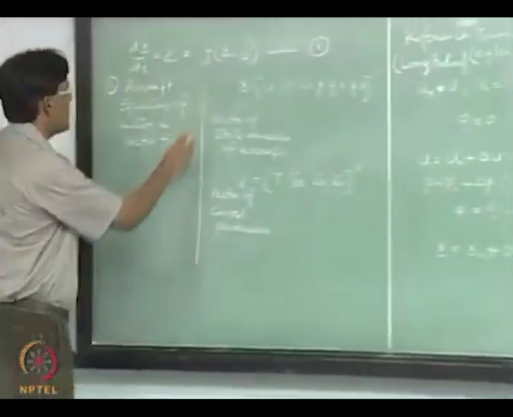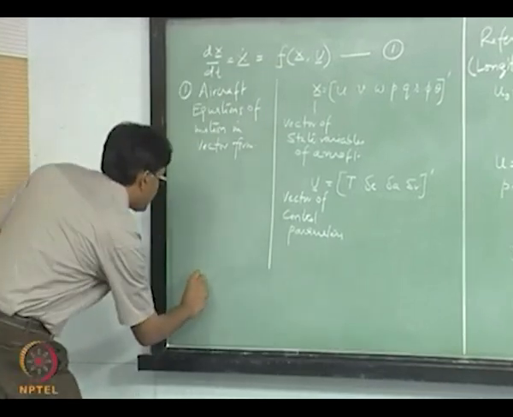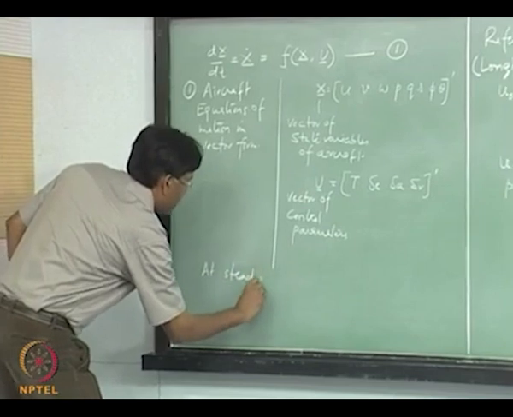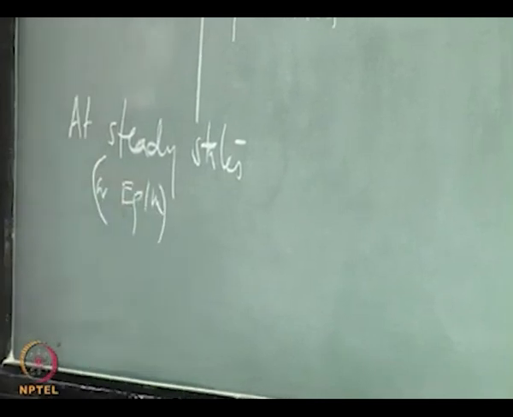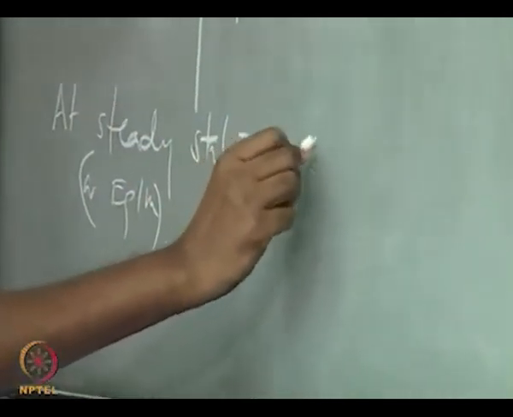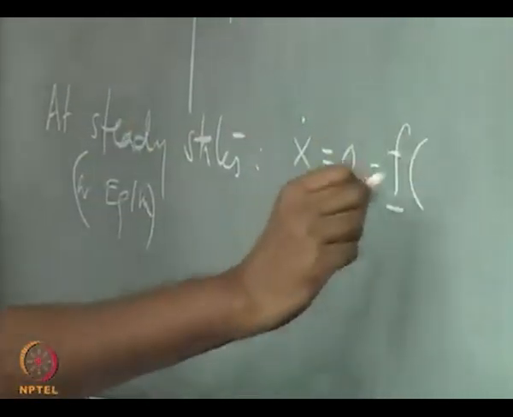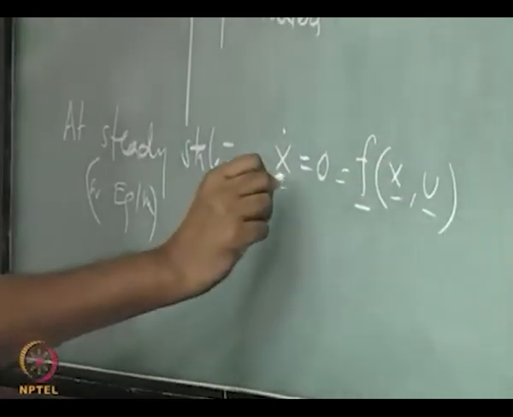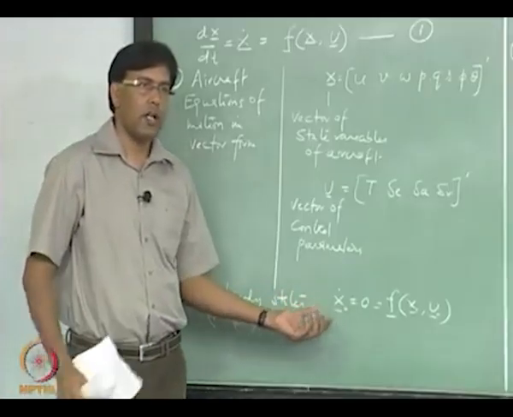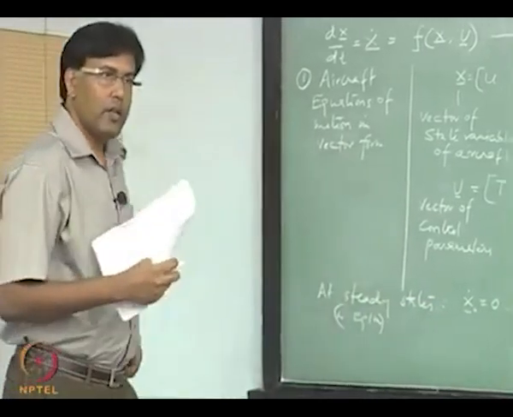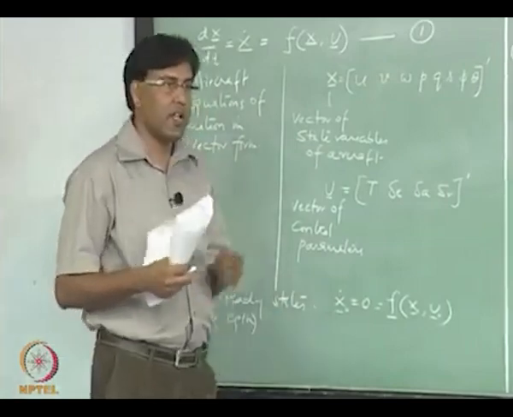So, when we are talking about equilibrium condition or the steady state of the aircraft, what it means is the time rate of change of variable is going to be 0, that is what defines the steady state.